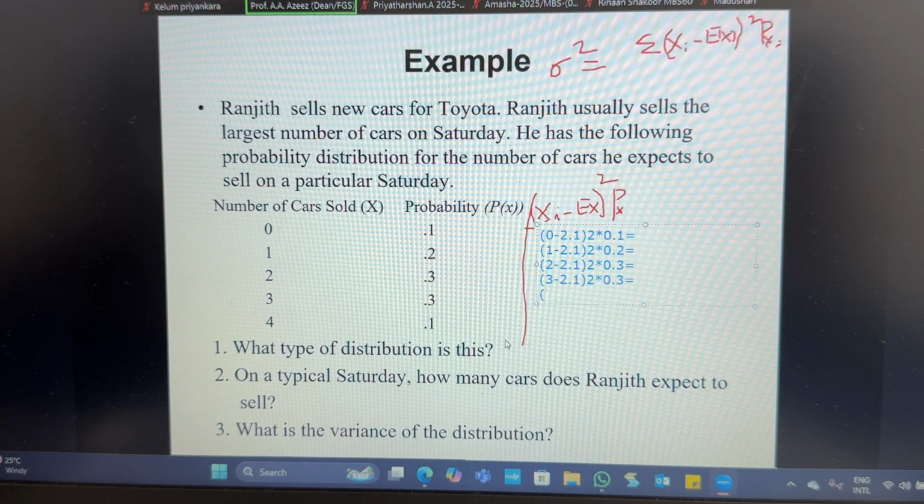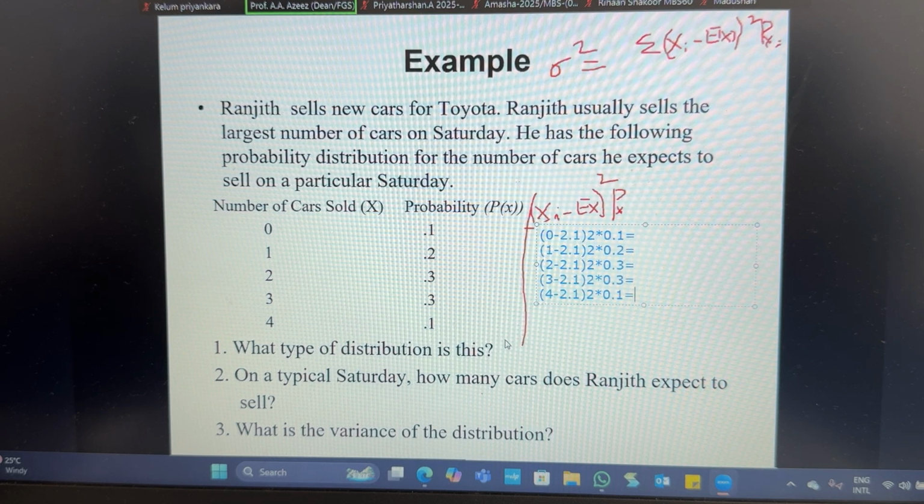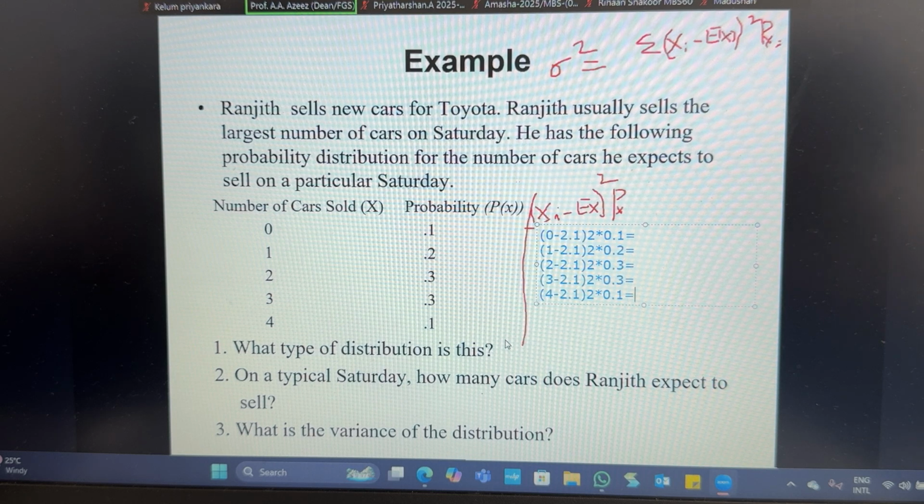Then 4 minus 2.1 squared into 0.1 equal. So then you have to add all these. You have to find the answer.